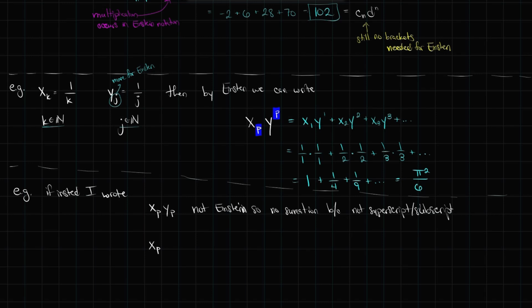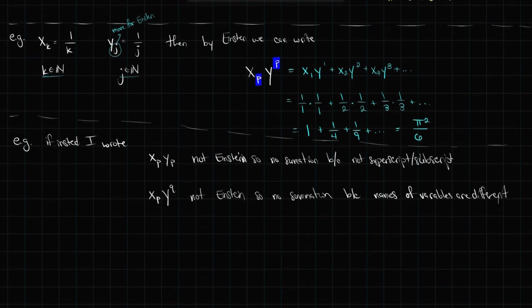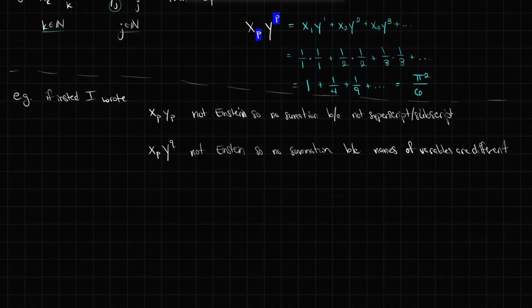If I write x sub p y to the q, also not Einstein. So no summation, because names of variables are different. So you're really looking for both the subscript and superscript to agree for Einstein to apply.